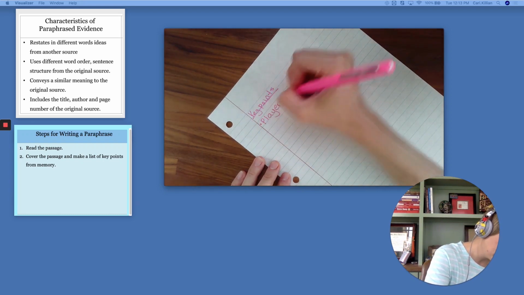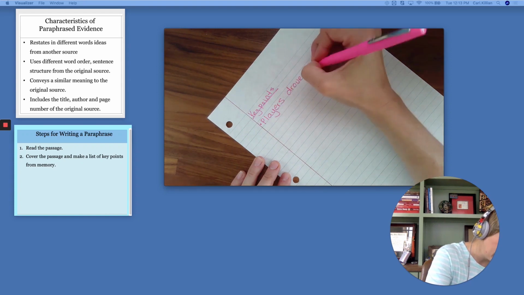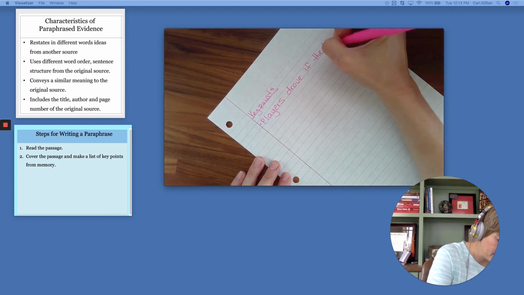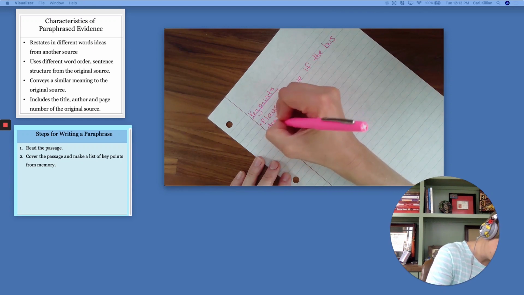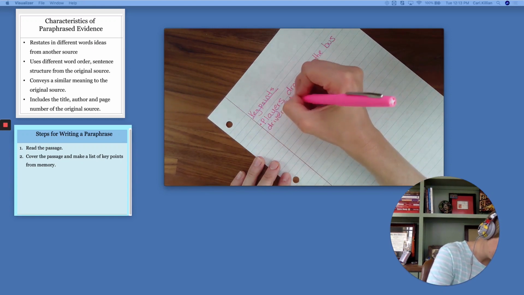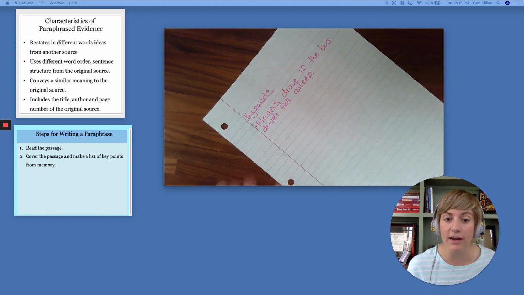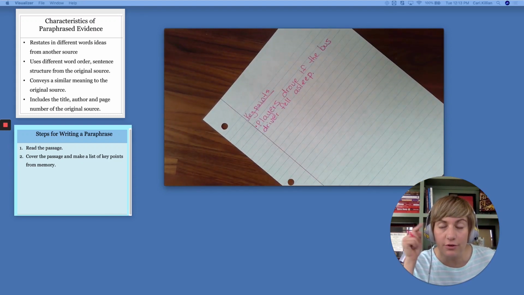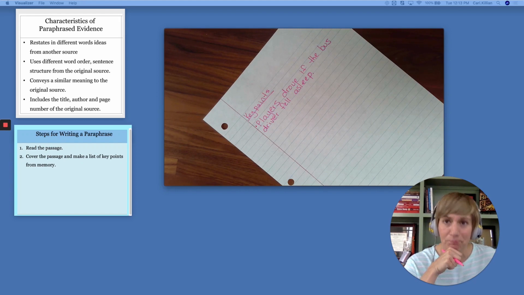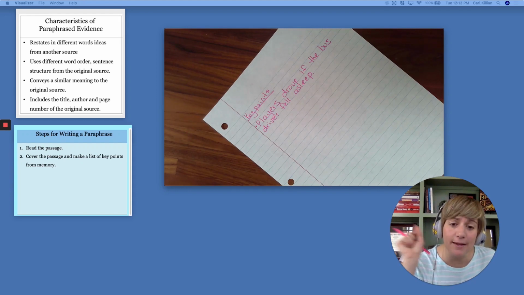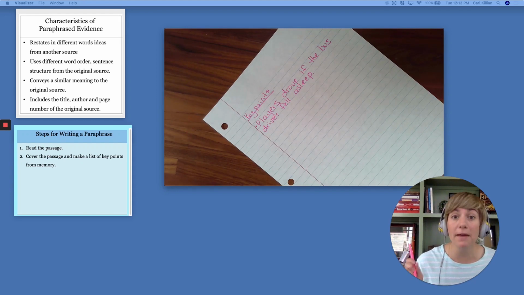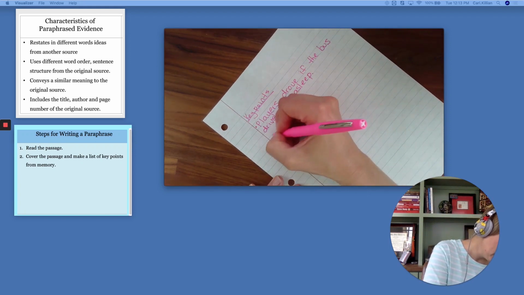Players drove if the bus driver fell asleep. Okay, so I have that on my paper. And now I need to remember another key point. I remember that sleeping on the bus was hard because it was so bumpy.